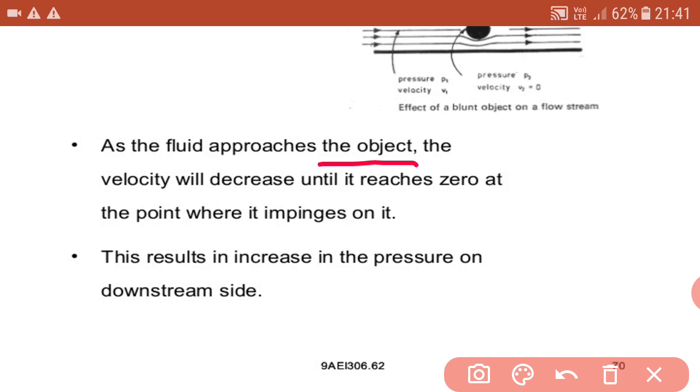So we have seen this point where the velocity is 0. This results in an increase in the pressure on the downstream side. So what will be the result? Due to this object, there is an increase in pressure on the downstream side.